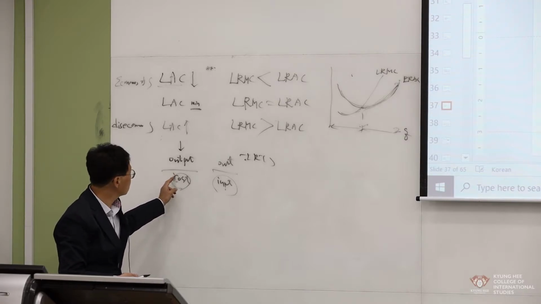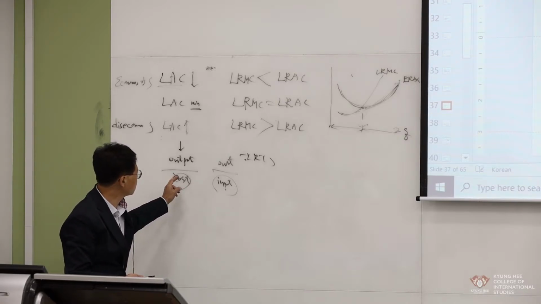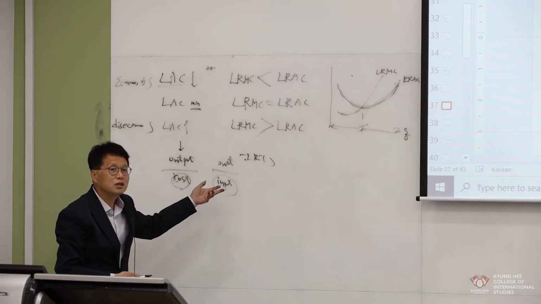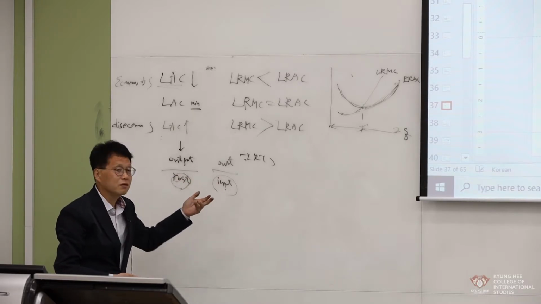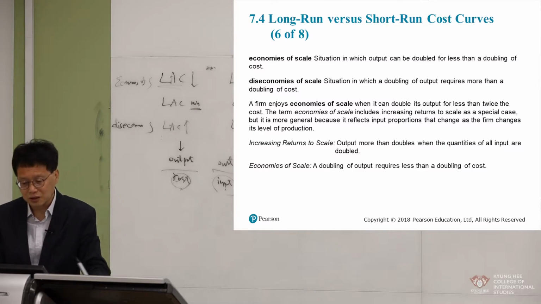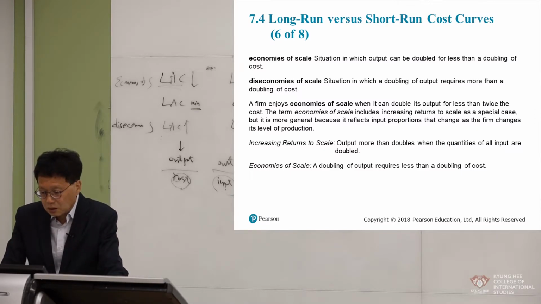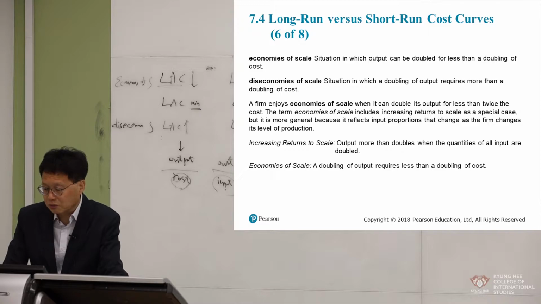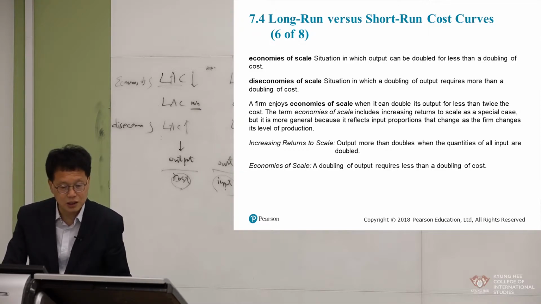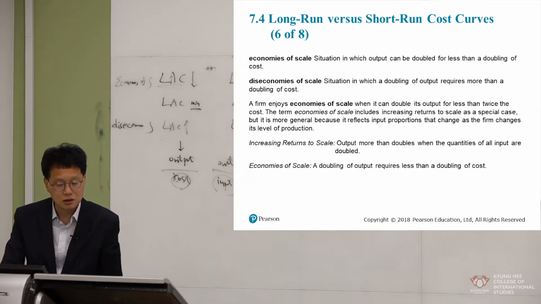Cost change also considers input changes plus substitution between inputs, because economies of scale reflects the input proportions that change as the firm changes its level of production. That is economies of scale, right?